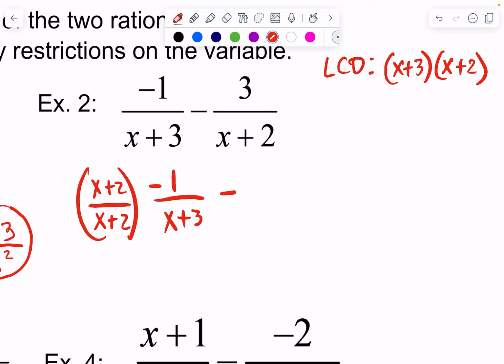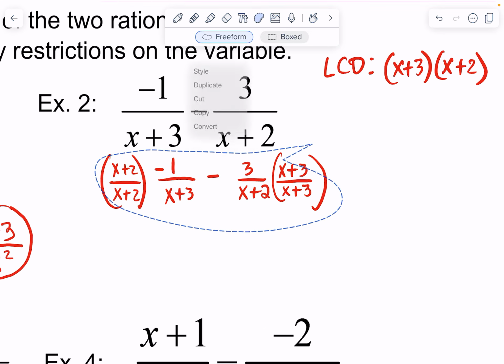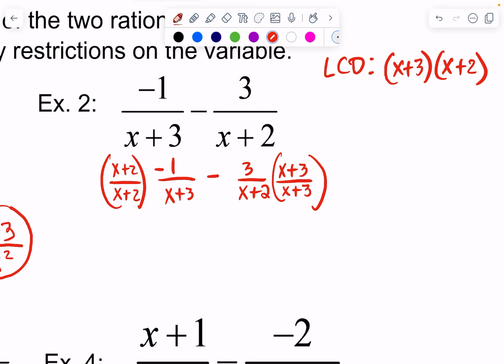And what do I have to multiply to this 3 over x plus 2? The missing part of the LCD, which is x plus 3, to both numerator and denominator. Okay, so let's go ahead and convert the rational expressions now. So I've got negative x minus 2 over x plus 2 times x plus 3.